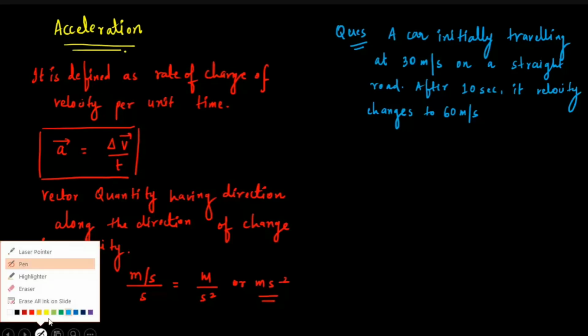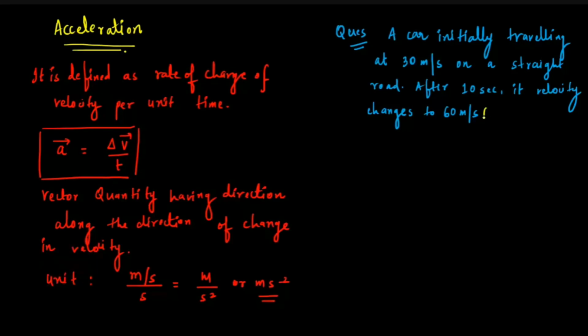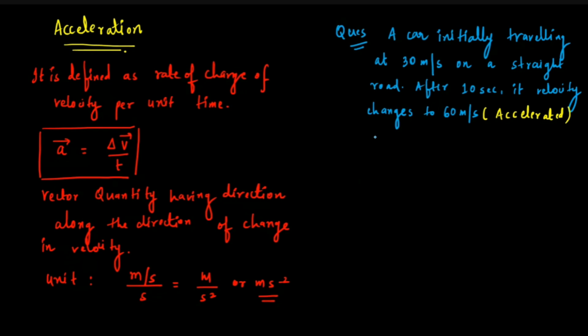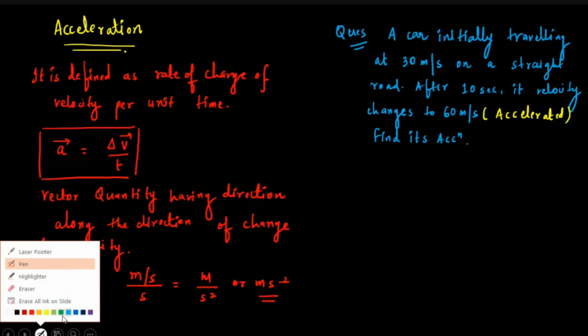So, here we can see that the velocity of the car has increased. So, the driver must have accelerated, then only its velocity has increased. In such cases, the question is to find its acceleration. So, how are we supposed to do it? Let us see.